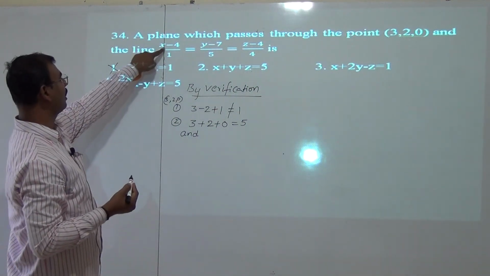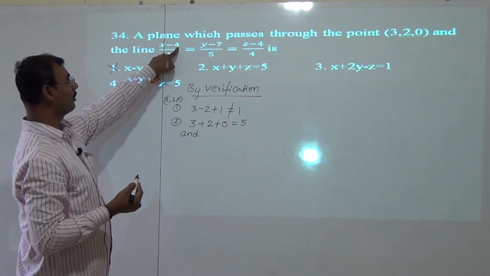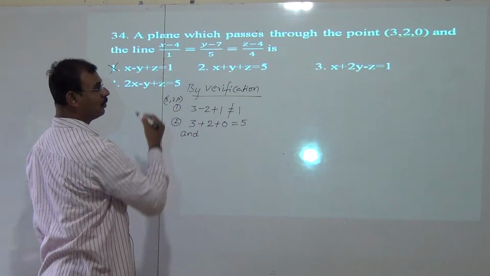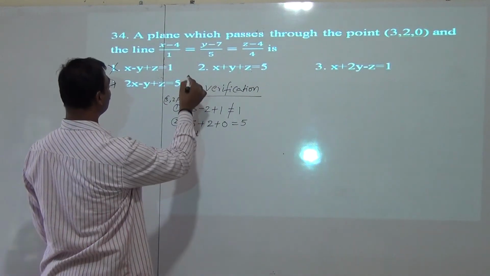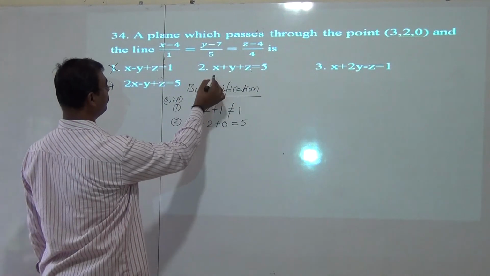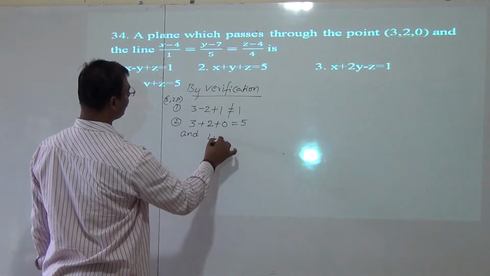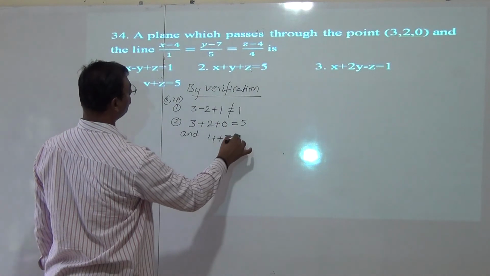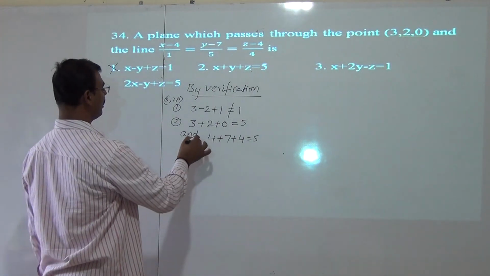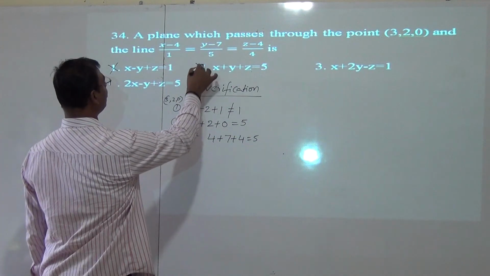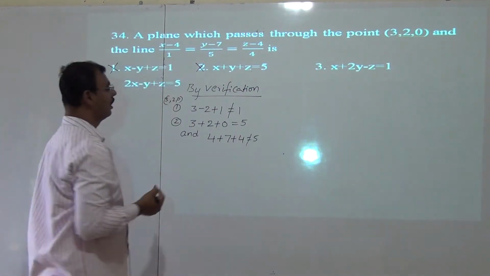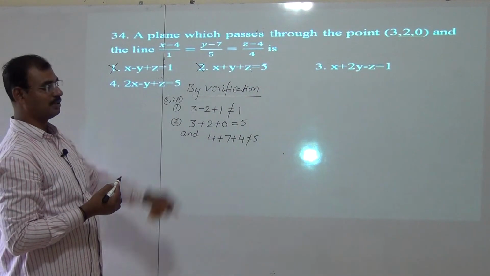What is the point on the line? The line point is (4, 7, 4), so we should take the opposite values. Check at (4, 7, 4): 4 plus 7 plus 4 is not equal to 5. It is not satisfying at this point, so this is not equal to 5. Hence it is not our option.